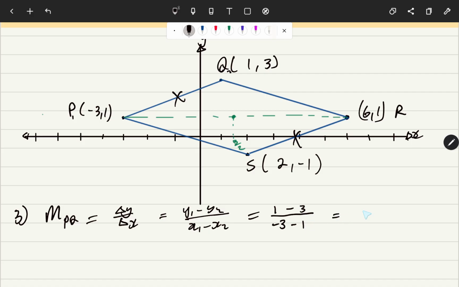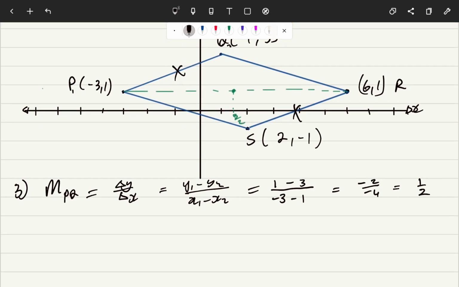So now what do I have? I have minus 2 over minus 4, and I have 2. No, I have 1 over 2. Whew. Be careful also, not to make the same mistake I almost made when substituting these. We haven't proven anything yet.